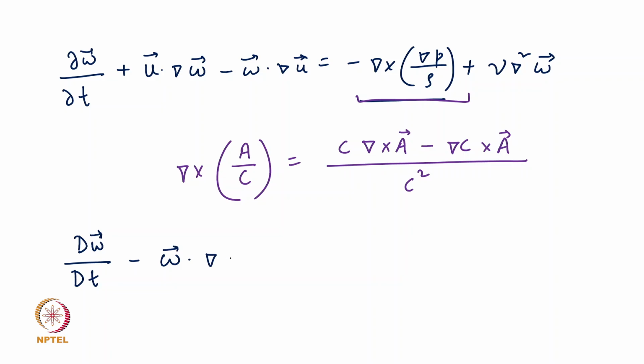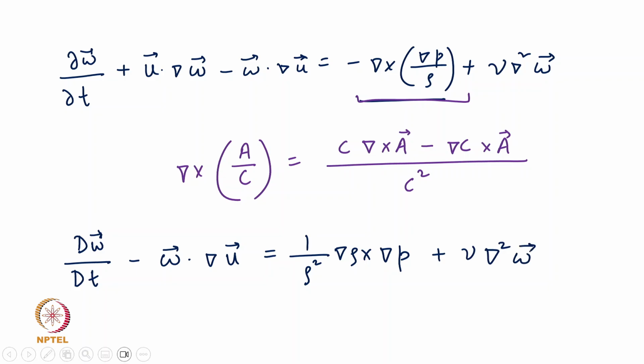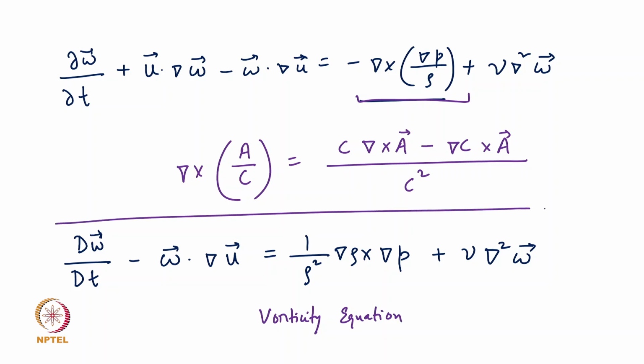In the total derivative, capital D t of omega minus omega dot del u equal to 1 by rho square gradient of rho cross gradient of p plus nu del square omega. Using the vector identity, this equation is the vorticity equation.